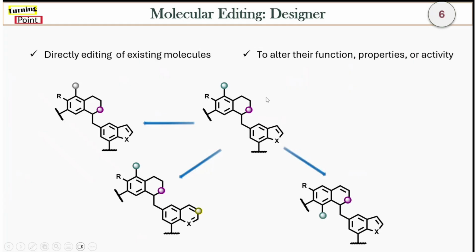Or let's suppose we just want to change only one atom, the atom which is present here. All these types of editing come under molecular editing. So in this era we start modifying our existing molecule like this.